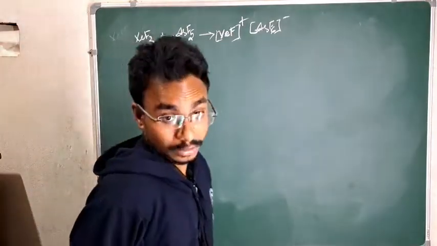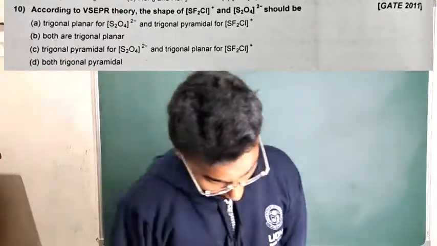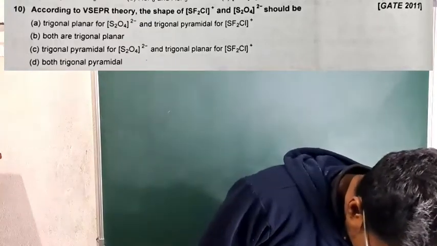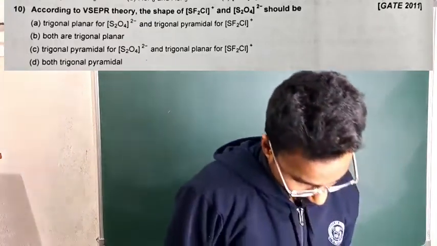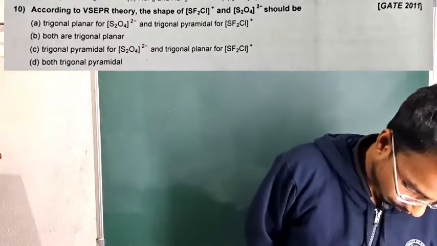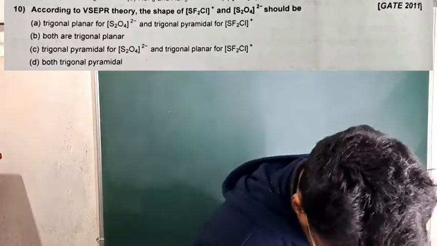Okay, let's quickly move to the next question. According to VSEPR theory, SF2Cl plus and S2O4 2 minus should be.